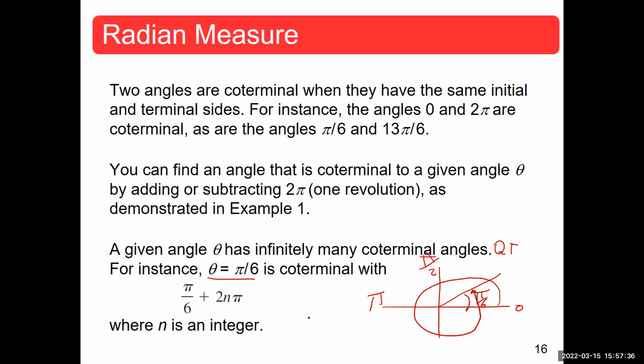So that angle here is pi over 6 plus 2 pi, because I made an additional revolution. I can make it 2 revolutions, 3 revolutions. I can go around and around forever. That's the way it works in trigonometry. So that angle can have infinite values. And if we keep going to pi over 6, that's called a coterminal angle.